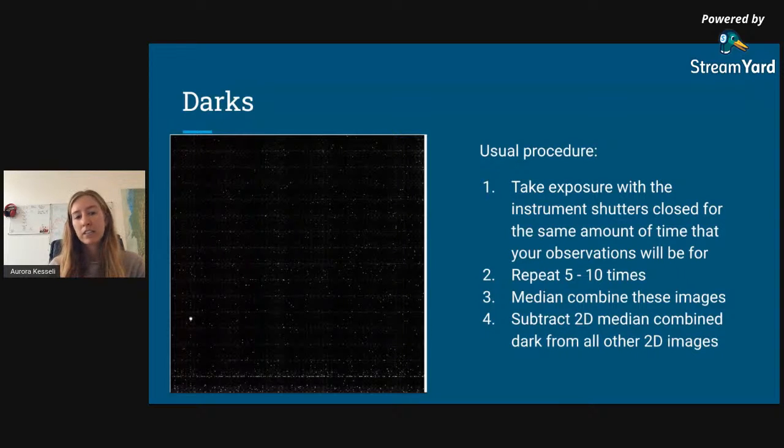So say if you plan to do a 200-second exposure on your target, you also want to do a 200-second exposure for your dark frame. And then to average out any weird effects, you repeat this 5 to 10 times. So you take 5 to 10 dark frames, and then you want to median combine all of those, so average them together and get your average dark frame.